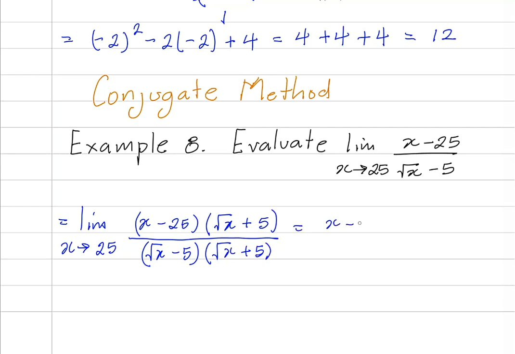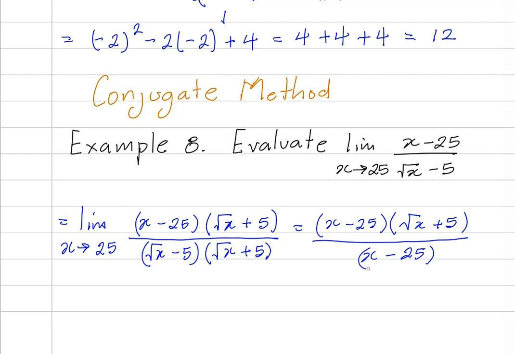x minus 25 at the top, and at the bottom, root of x plus 5. So down by the bottom, if we multiply by the bottom, you'll notice that we have the difference of two squares. If we multiply root x by root x, we get x, and minus 5 times 5 is what? 25.